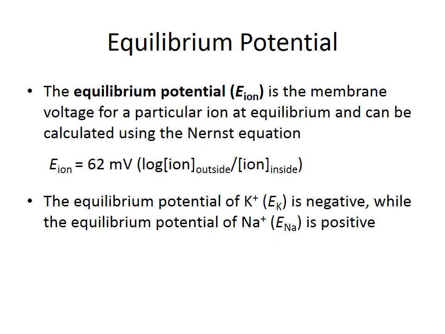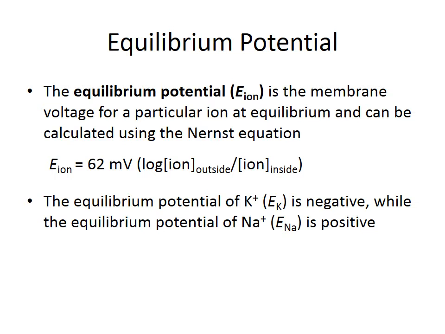We also have, therefore, an equilibrium potential, and it makes sense because there's still a voltage at equilibrium. The equilibrium potential, abbreviated as capital E subscript ion, is the membrane potential for a particular ion at equilibrium and can be calculated using the Nernst equation.